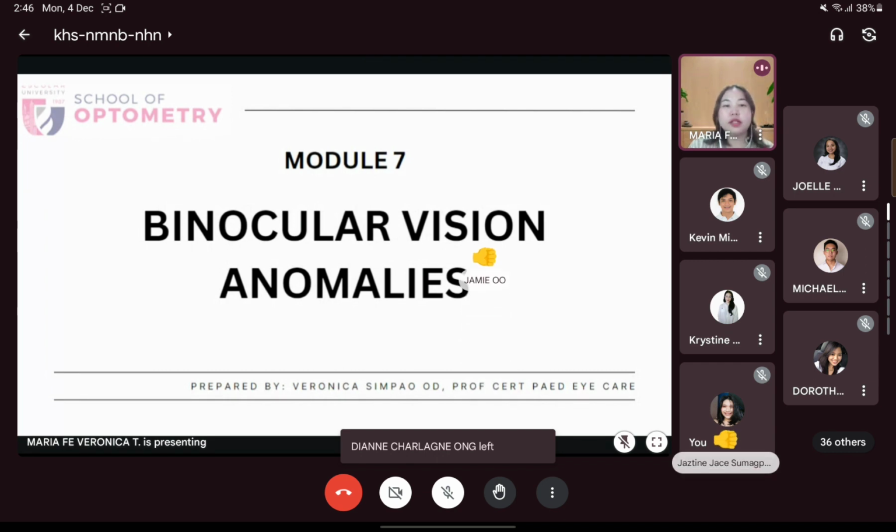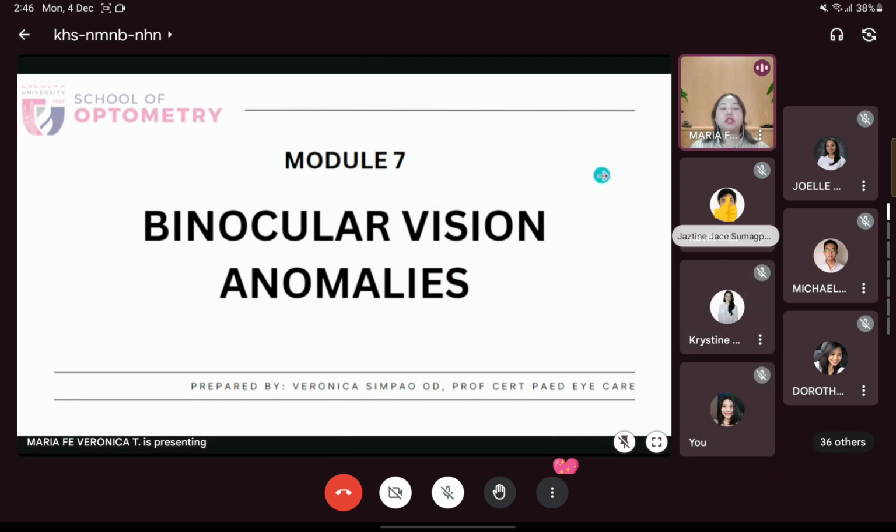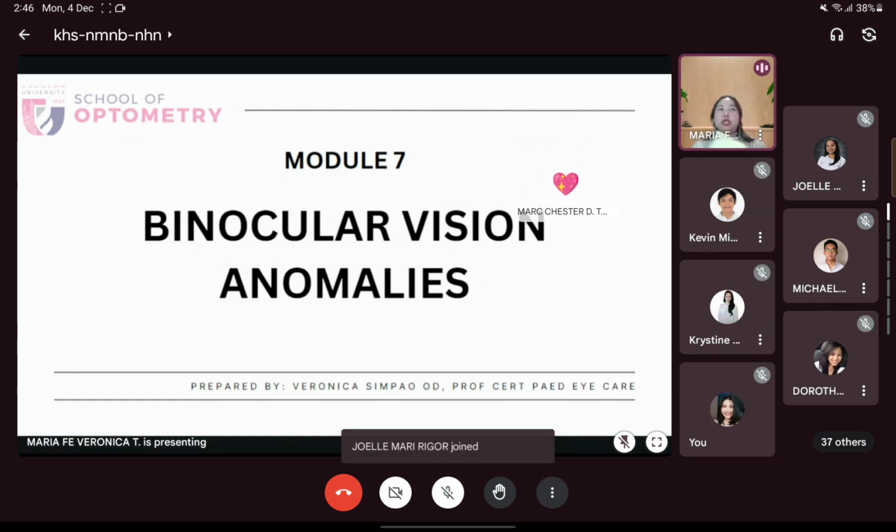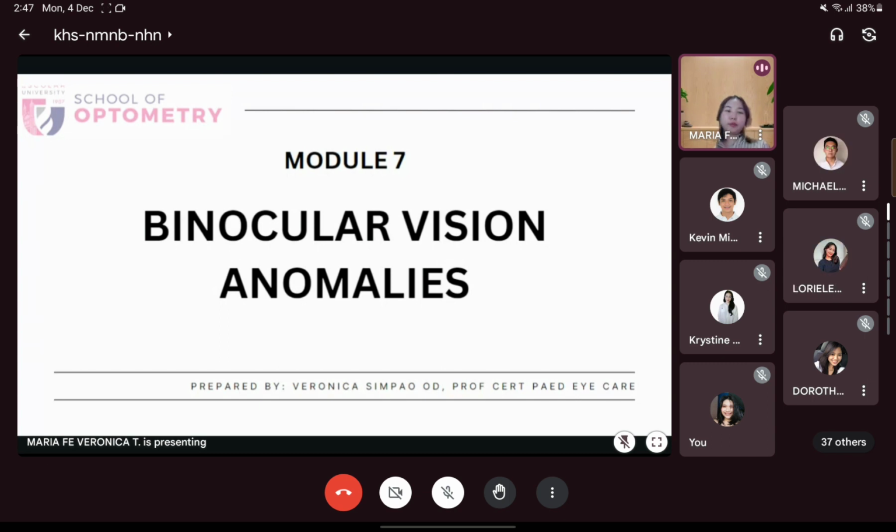Okay. So, for today, we will be discussing about the binocular vision anomalies. So, we have discussed na about the development of vision, the maturity of vision milestones, and the EORs. I think even Dr. Christoph discussed to you about hypertropia, neurological disorders, even yung, I'm not sure if even amblyopia and myopia is na-discuss niya sa inyo.